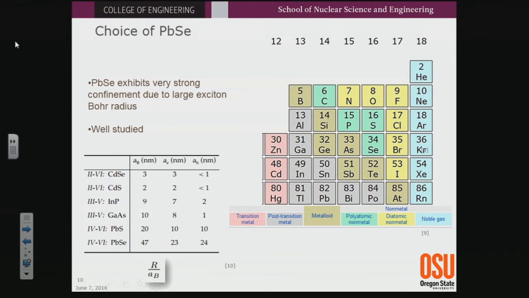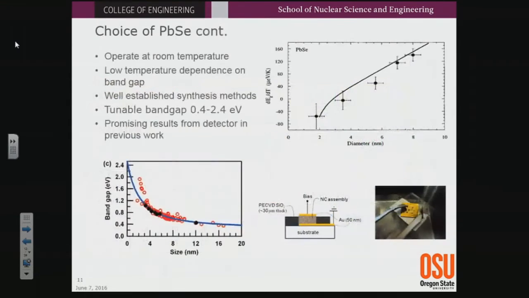But if we move over and get lead from group 14, we get these 4,6 semiconductors that you see here, and we see an explosion of the exciton Bohr radius. And so we get stronger confinement. That large number in the denominator leads to an overall smaller ratio, leading to that stronger confinement regime that I'm talking about.